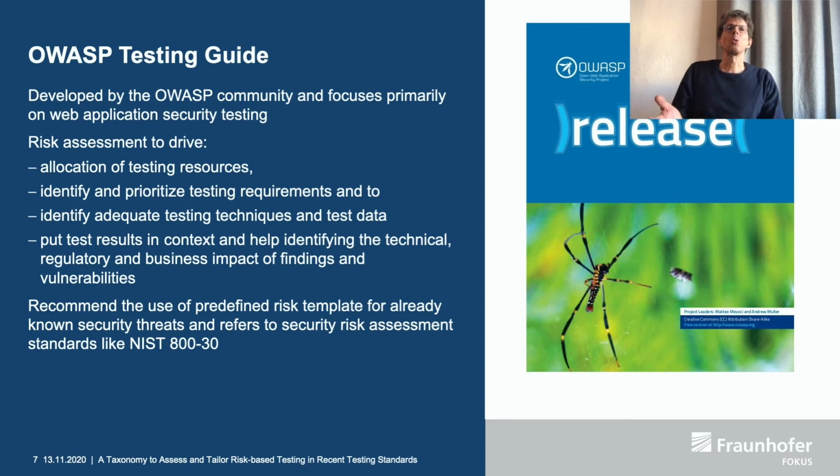Risk assessment is used to identify adequate testing techniques and to put the results in context. That is, if you find vulnerabilities, you can weight their severity according to the existing risk analysis. Also, the OWASP testing guide itself follows established risk assessment standards like NIST 800-30.